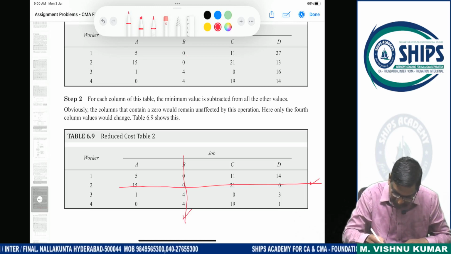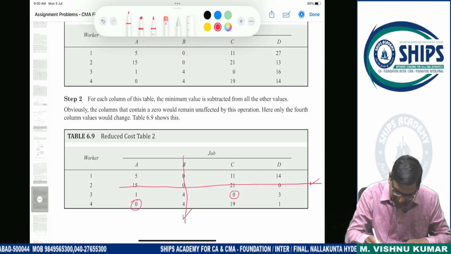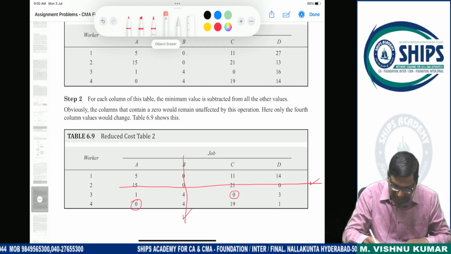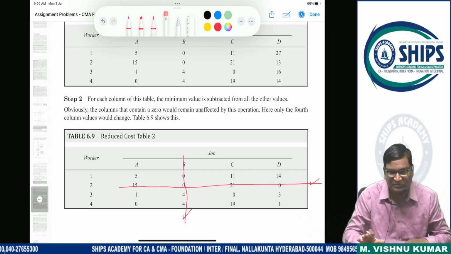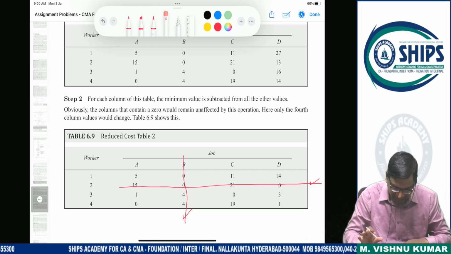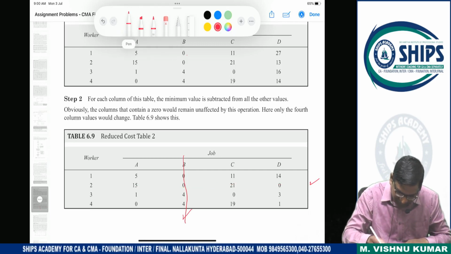So I eliminated this row and this column. After that, again 1 zero is coming here, 1 zero is coming here. So I have to draw 2 more lines only. Without this, I cannot cover all zeros. So I draw, just 1 minute.